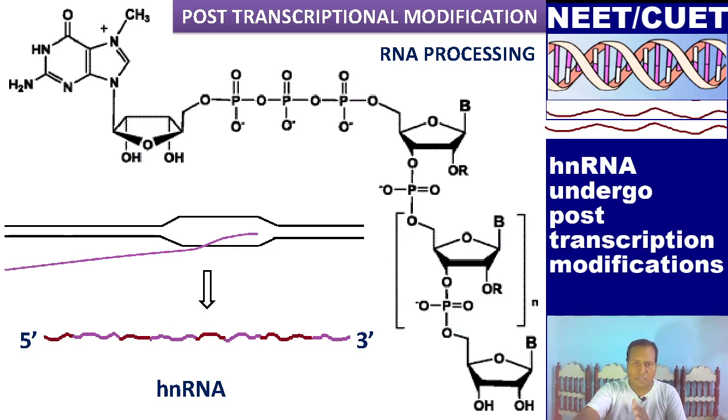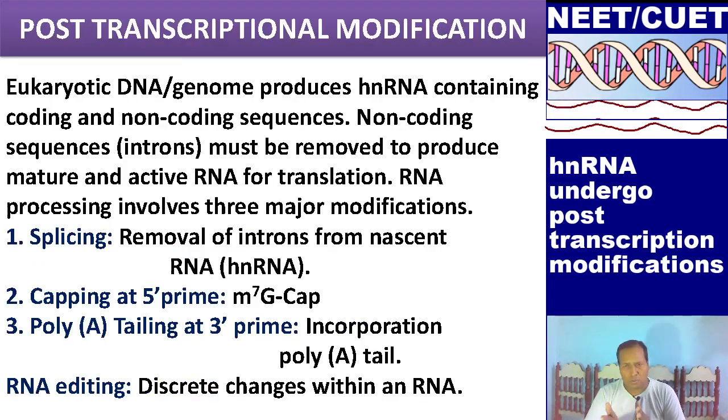So, in this video, we have to discuss these 3 types of modification which occur after transcription and before translation, and this post-transcriptional modification occurs only in eukaryotes. This does not occur in prokaryotic cells.